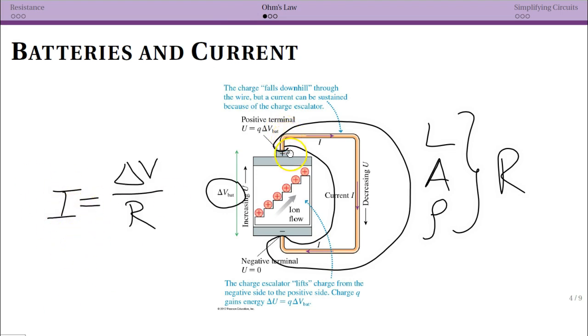The current that's going to flow out of the battery is given by the potential difference between the two terminals divided by the resistance of our circuit.